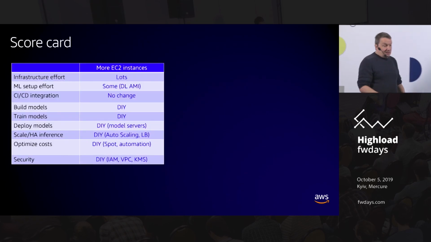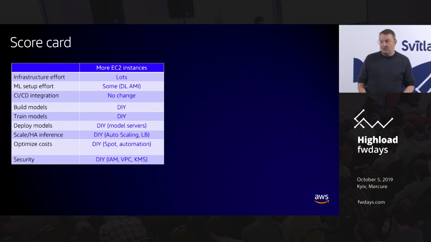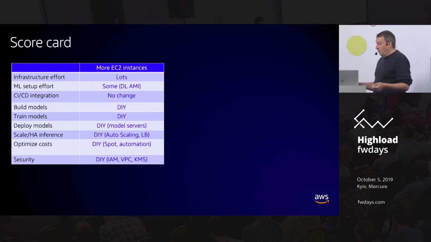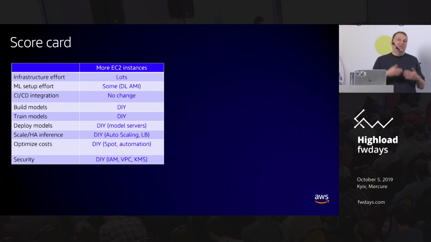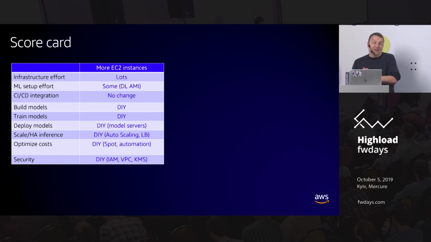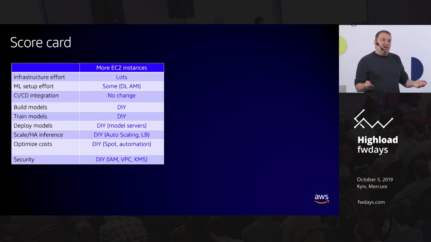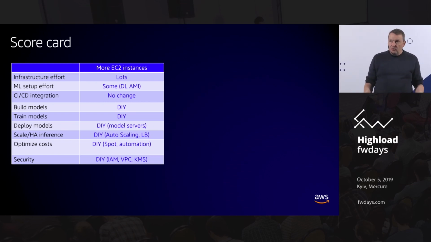So if you do this, infrastructure effort is important, because you're dealing with EC2 instances and subnets and VPCs and SSH keys and all that stuff. ML setup is not that painful if you use the deep learning AMI. CI/CD will work the same. If you know how to deploy to EC2, fine. You can deploy models.